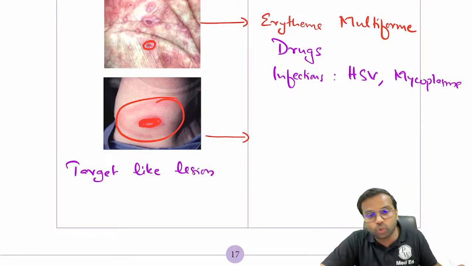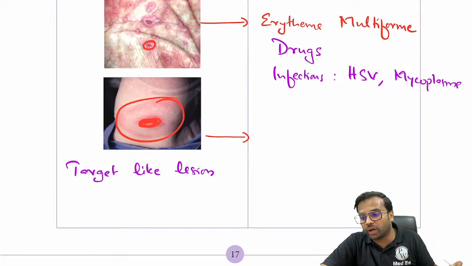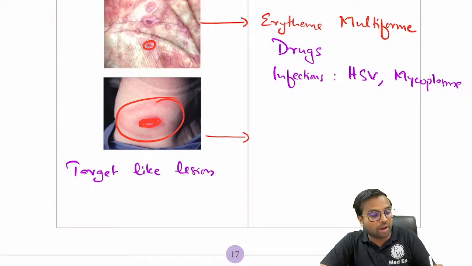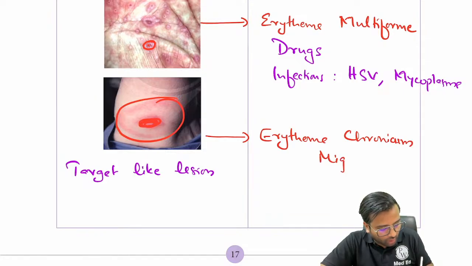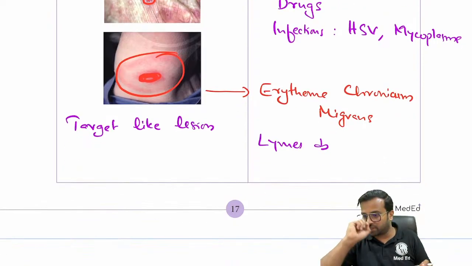That is your clue. And what is this? Yeah, Dapper Lama says Lyme's disease. This is going to be erythema chronicum migrans. Very good. This is erythema chronicum migrans, which is seen in Lyme's disease.